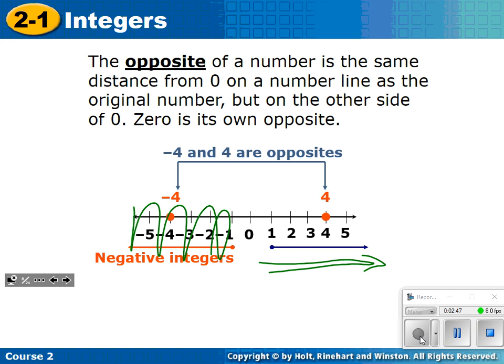They are worth more, correct? And as you move to the left, the numbers decrease in value, or they are worth less, correct? You with me?